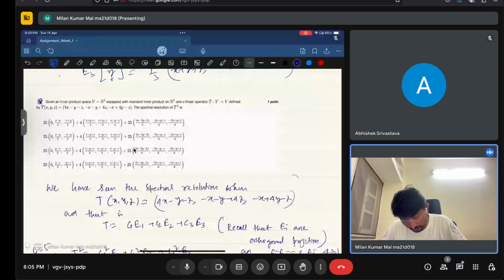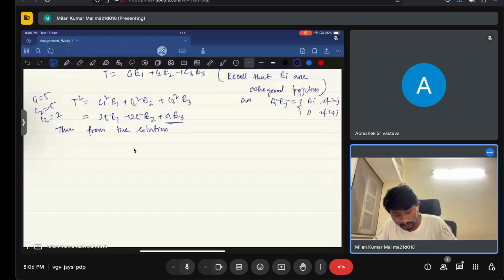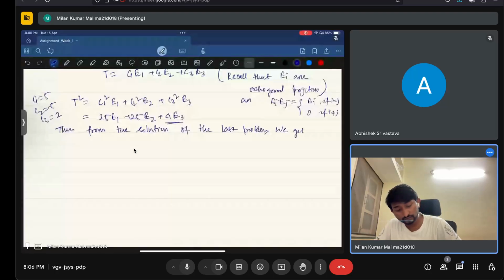So this one is the only option, because this is the correct option we are getting. From the solution of the last problem, we get that option D is correct.